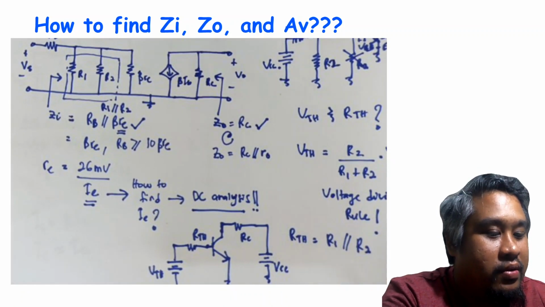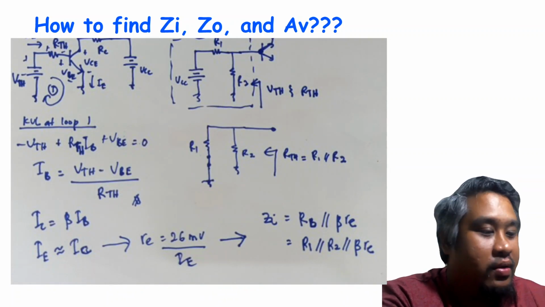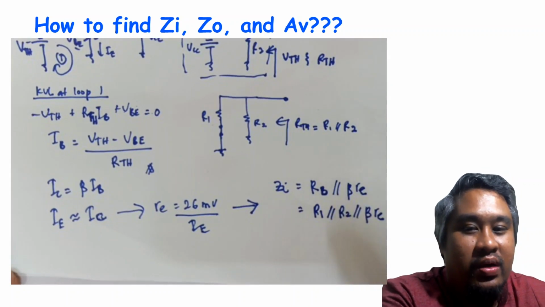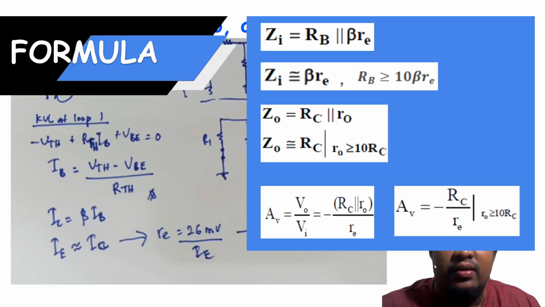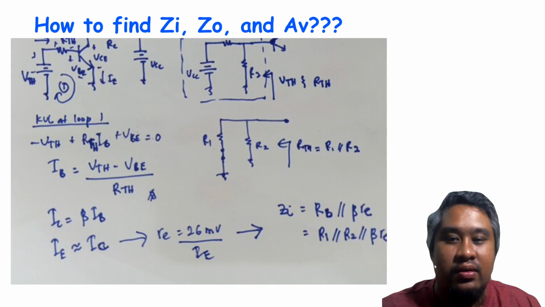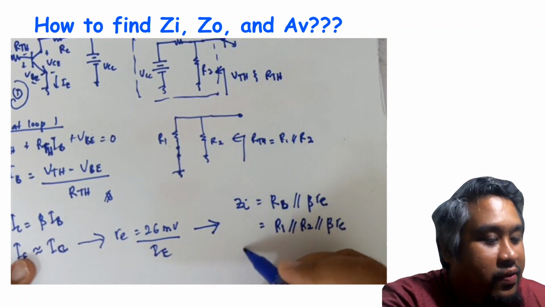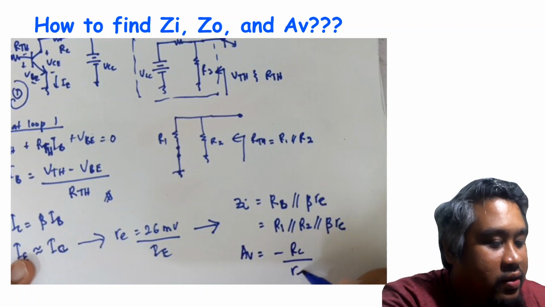Alright, so what about the AV? Next, AV. Remember the formula for the voltage gain AV: by default it is minus RC over RE. So now AV is minus RC over RE.